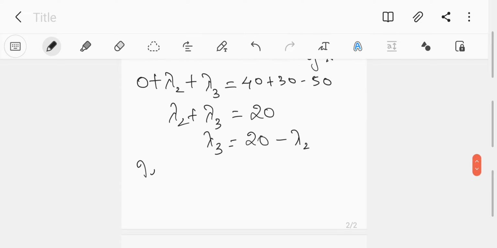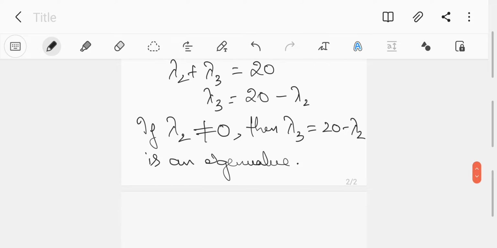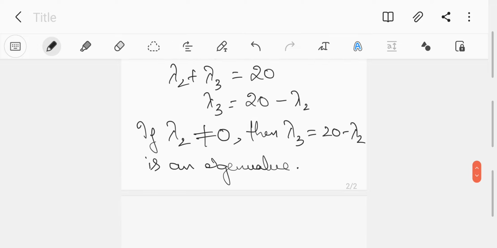So now, if lambda 2 is not equal to 0, then lambda 3, which is equal to 20 minus lambda 2, is an eigenvalue. But here, instead of lambda 2, in the question they have just mentioned, if lambda not equal to 0 is an eigenvalue, then which of the following is an eigenvalue?